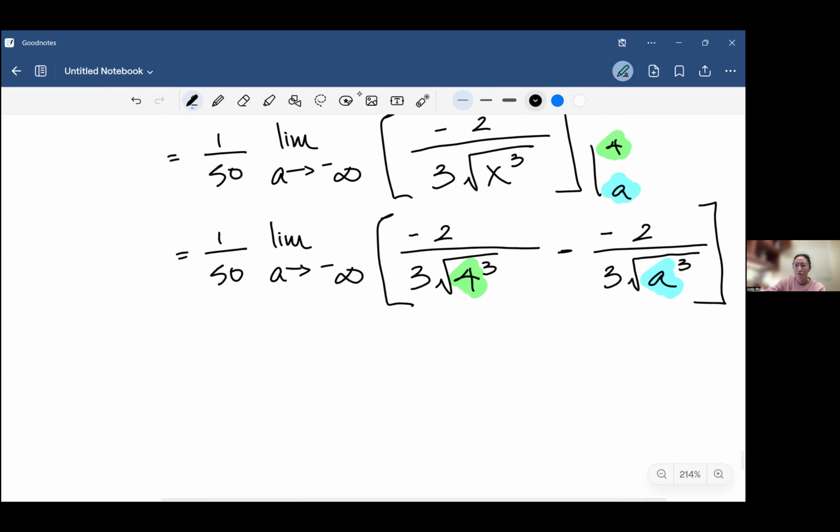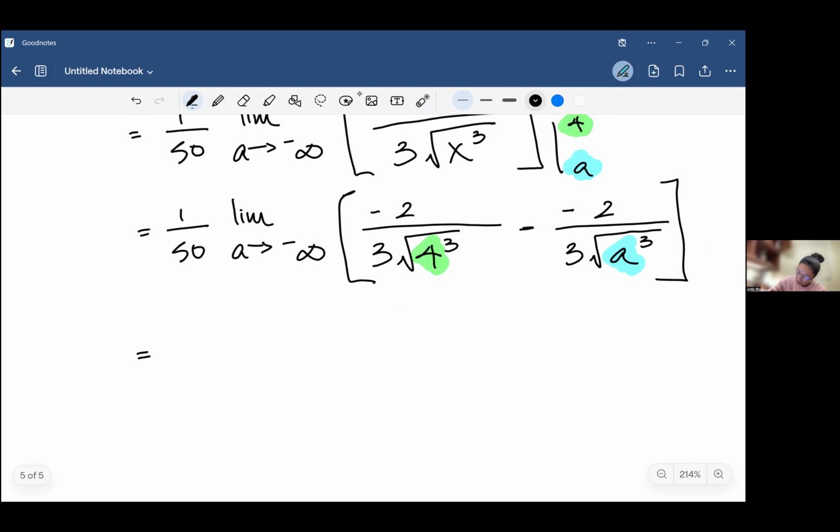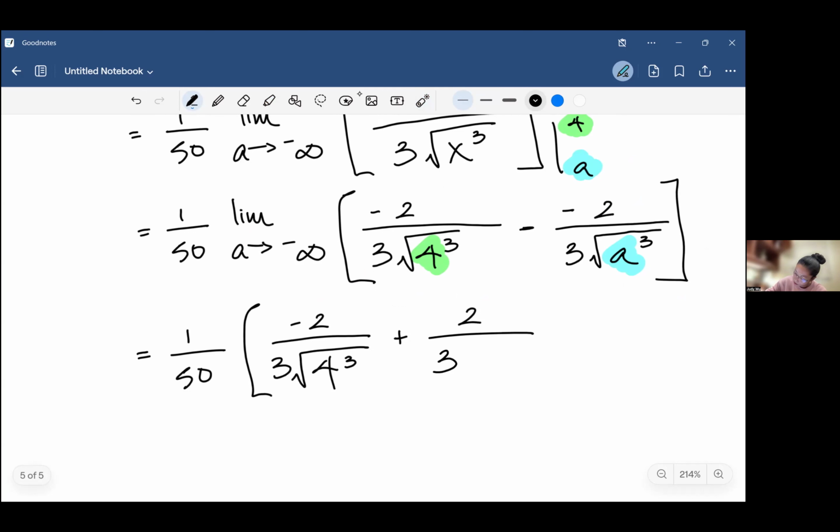All right. From here, let's go ahead and clean up some things and go ahead and plug in negative infinity for our a. Okay. 1 over 50, we get negative 2 over 3 times 4 cubed plus 2 over 3 negative infinity cubed.